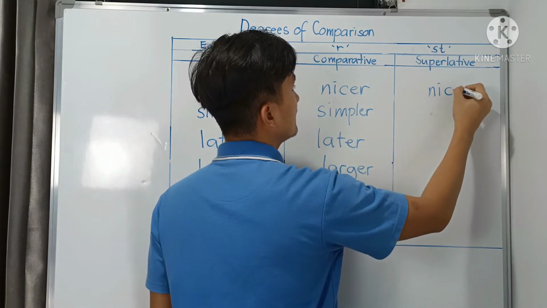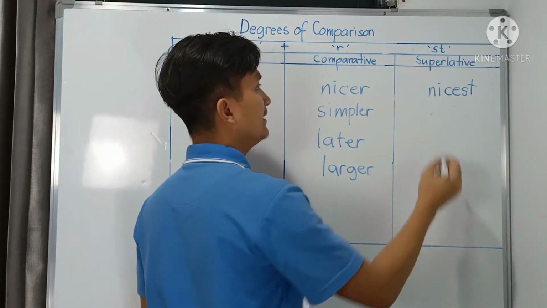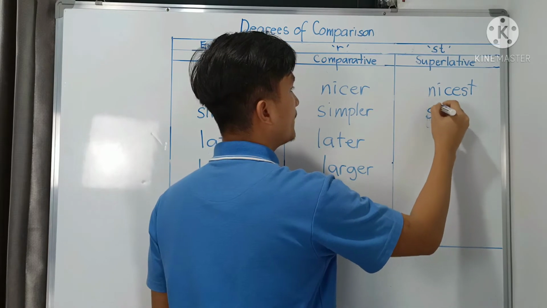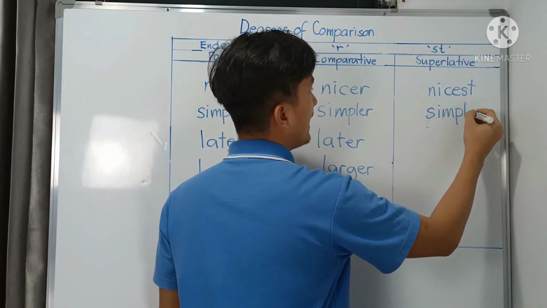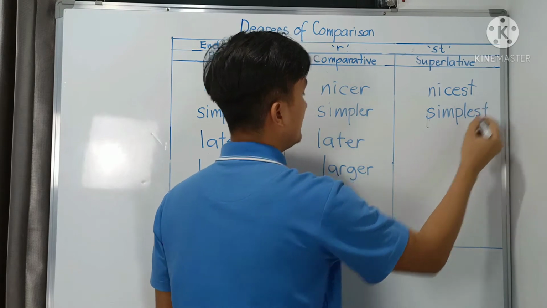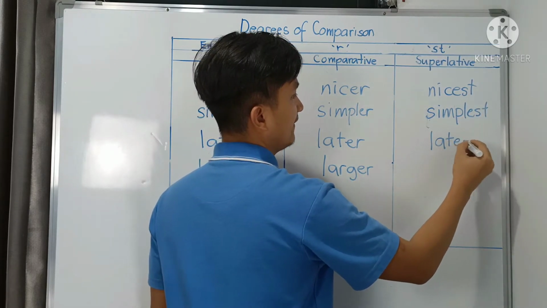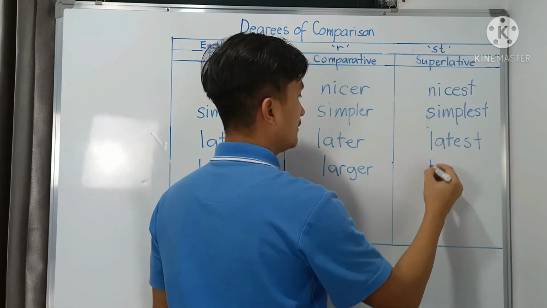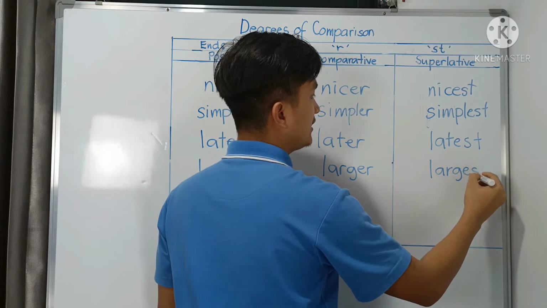Nice. Simple, write the word simple and add ST. Write the word late and add ST. Large, largest.